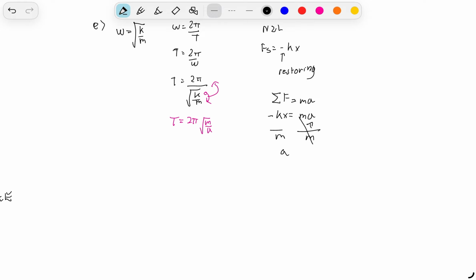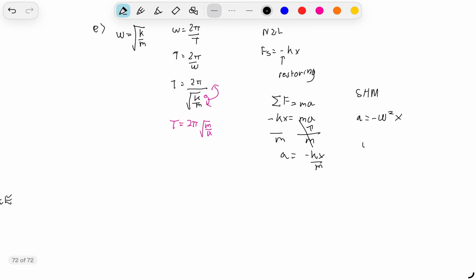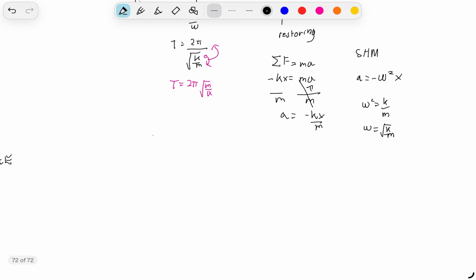You get that acceleration is equal to negative kx divided by m. And you also have simple harmonic motion where acceleration is equal to negative omega squared times x. So if omega squared is equal to k over m, that's how you get omega equal to the root of k over m. Therefore, you have t equal to 2 pi over omega, which makes sense, that 2 pi times the root of m over k.